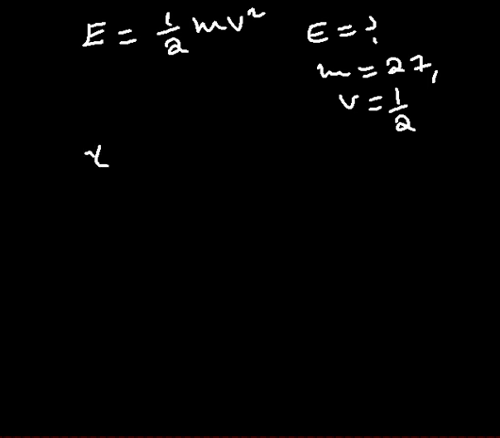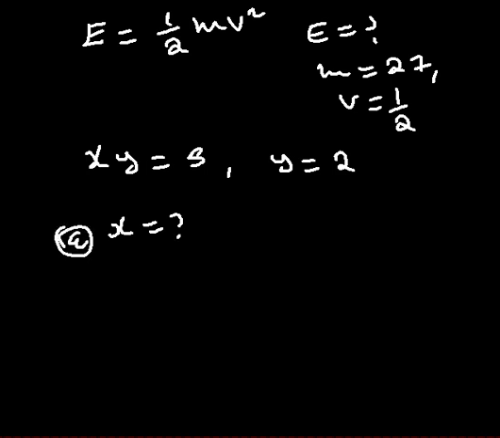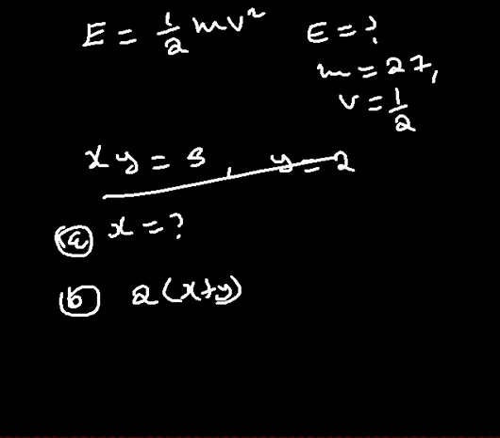And also, what if xy is given as 5, and y is given as 2? Now we should find the value of x, and we should also find the value of 2 times x plus y, if this is the case. So try to do it there.